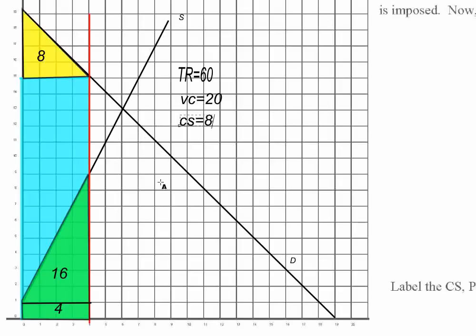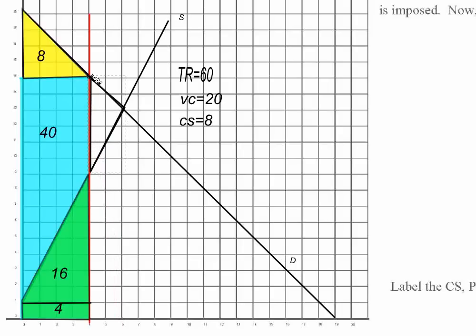And the producer surplus: total revenue of 60 minus the variable costs of 20 is going to leave 40 for the producer surplus. Now the deadweight loss, we can see, is going to be this triangle over here that used to be part of the total surplus but is no longer surplus to anyone.